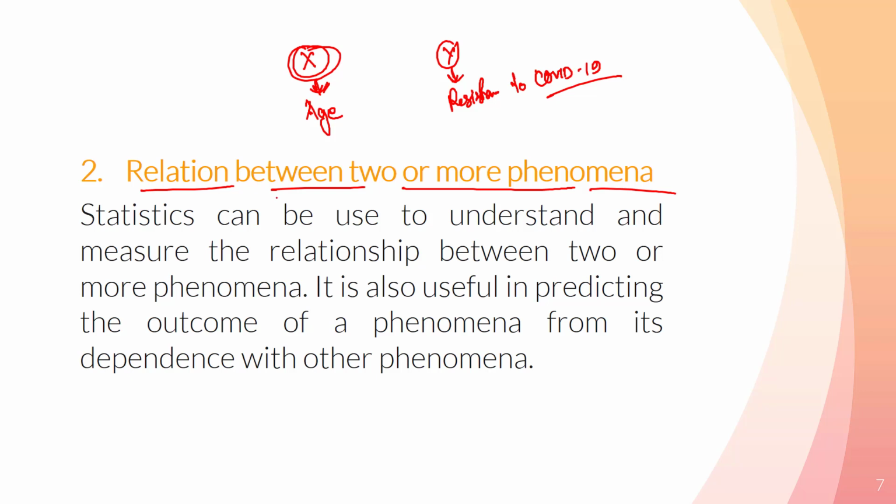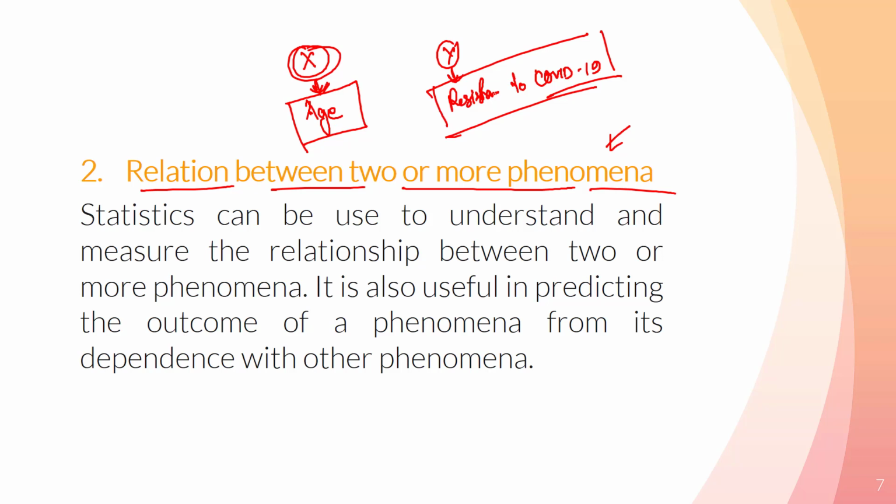Later on we will define what a variable is, but in statistics we always refer to everything as a variable. So X will be a variable that you are interested in, and resistance to a particular disease is another variable that you are interested in, right?